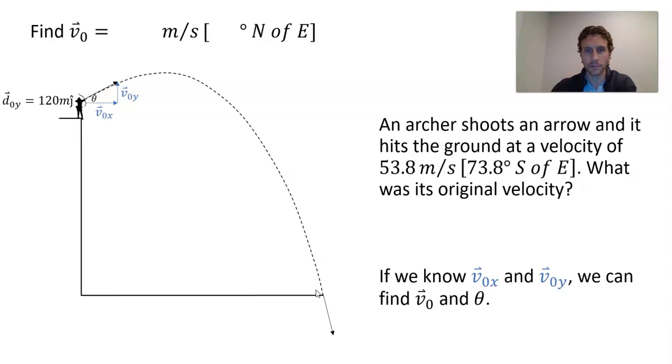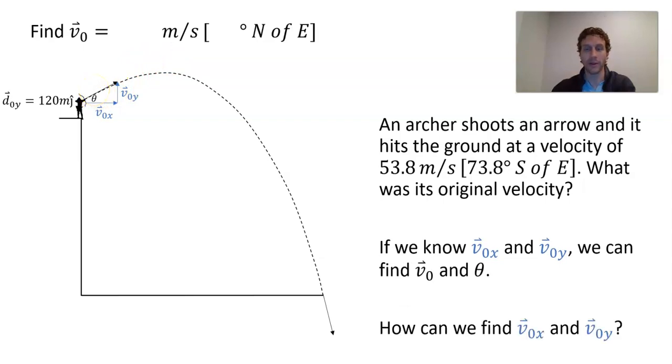So how are we going to find the initial velocity? Well, if we know v naught x and v naught y, then we can find v naught using Pythagoras. And if we know v naught x and v naught y, we can also find theta. So how do we find those?